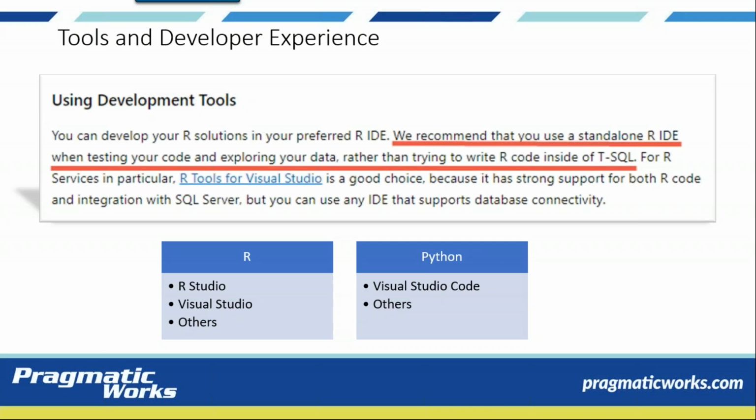I've used that, I just haven't done as much personally with Python on the ML side. But I know it works pretty well, and I've talked to other people out in the field who are using Visual Studio Code. There are many other tools for Python as well. But just understand that if we're developing R and Python for SQL, you'll likely want to use a tool other than a SQL tool for writing that code.